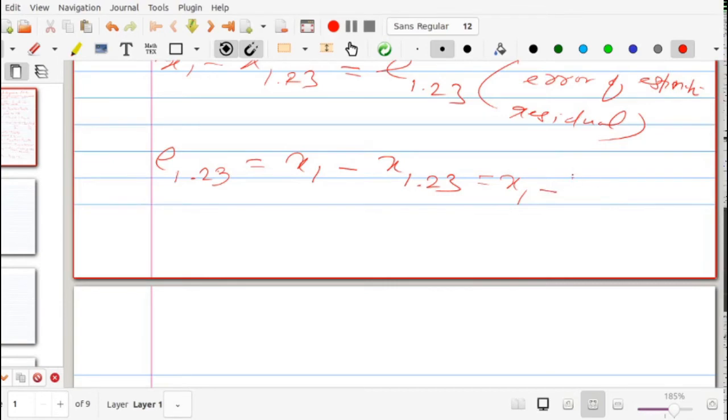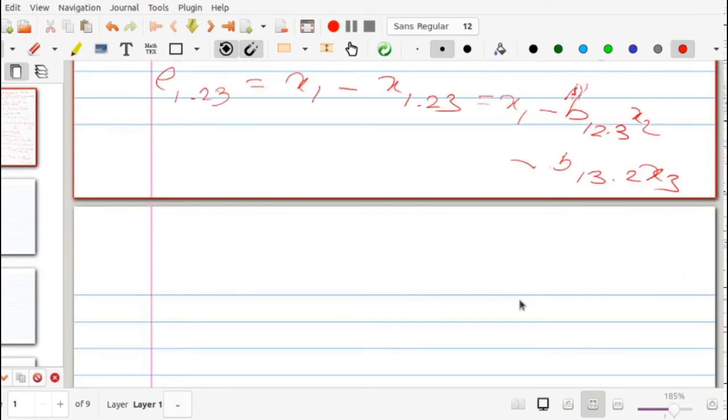B12.3 x2 minus b13.2 x3, and all these are small x, that is, distance from the mean.